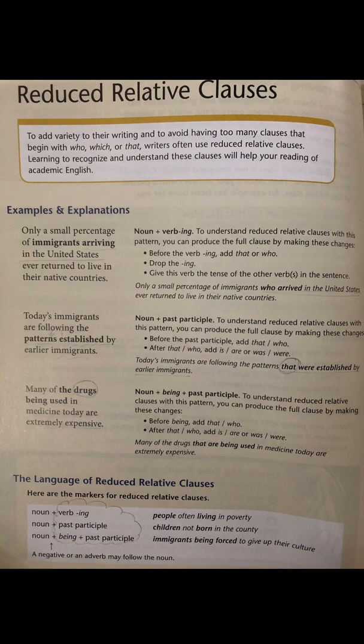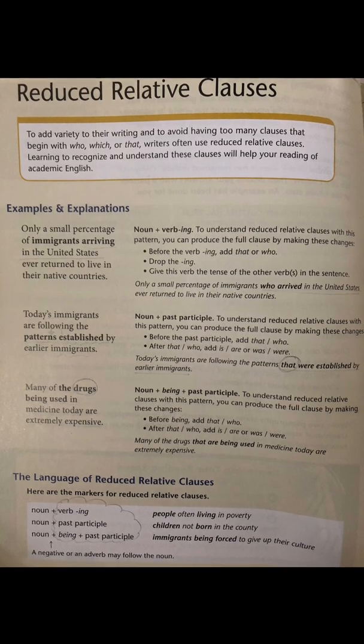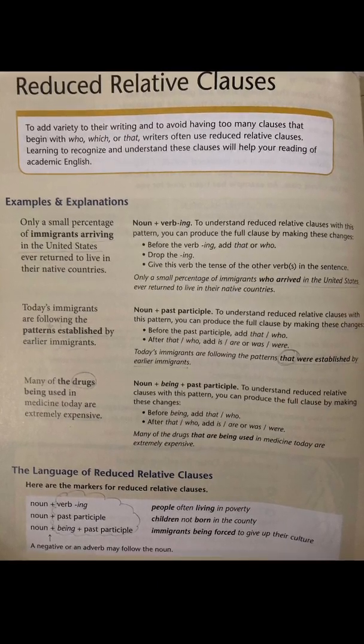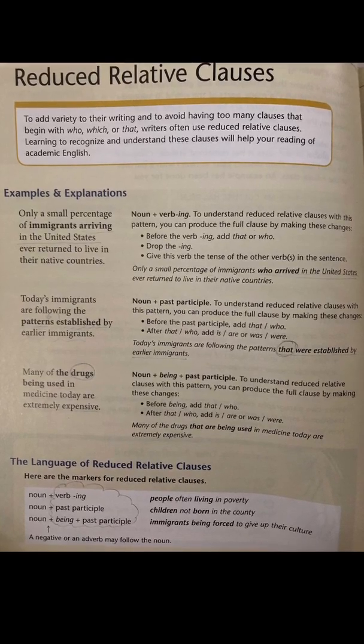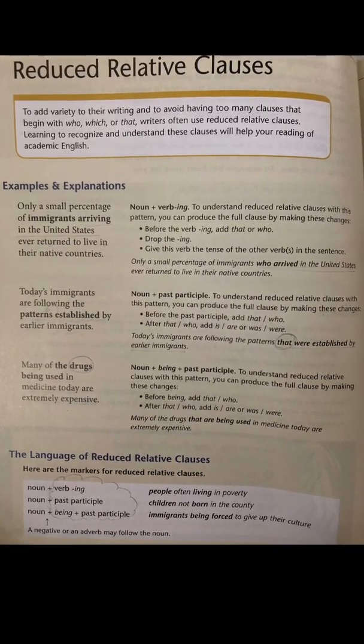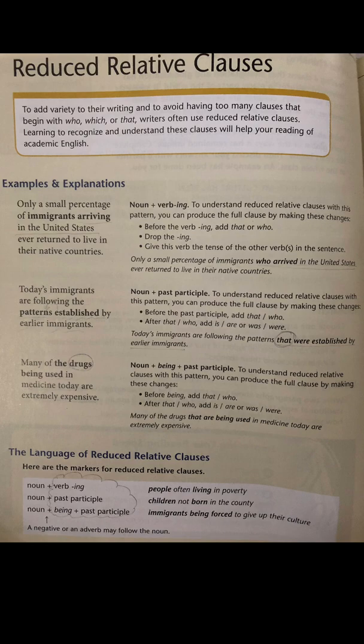Okay, and then it shows you examples like noun plus verb ing, to understand reduced relative clauses with the pattern. You can produce the full clause by making these changes. So, for example, only a small percentage of immigrants arriving in the United States.